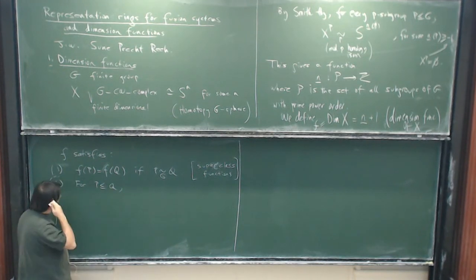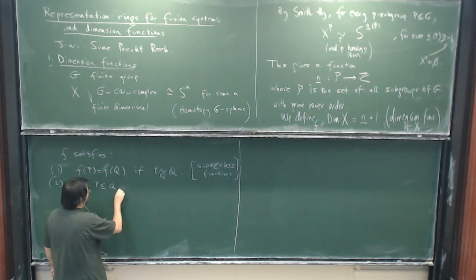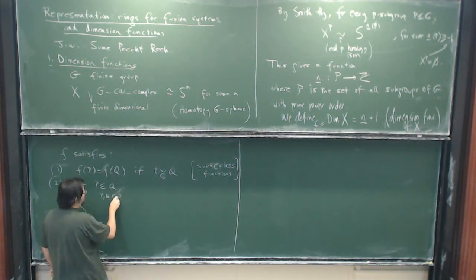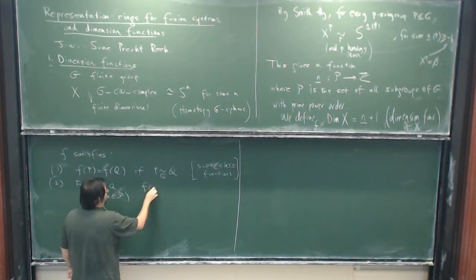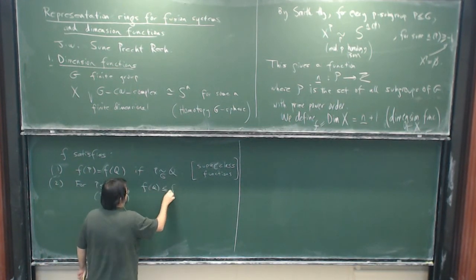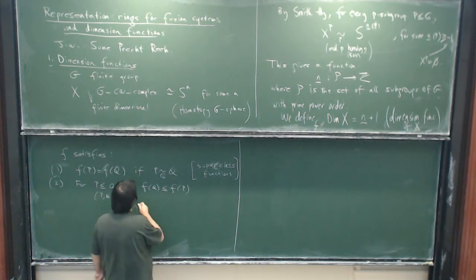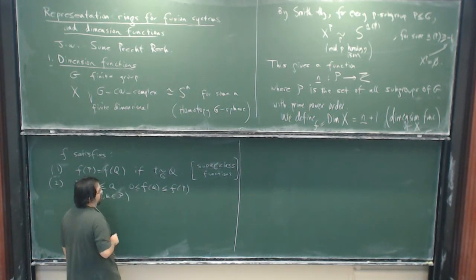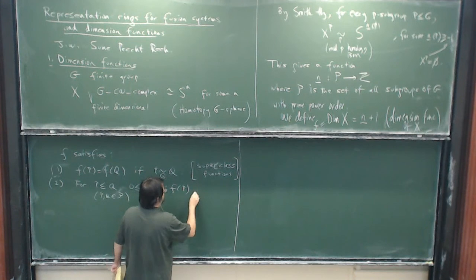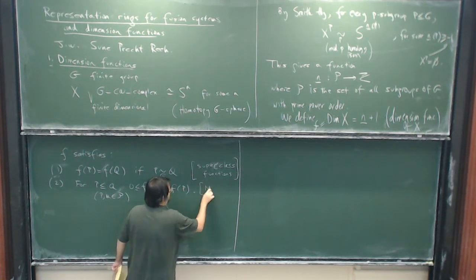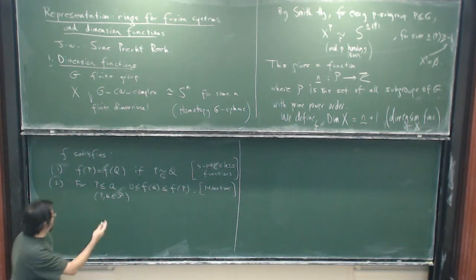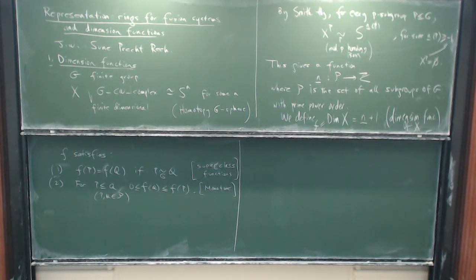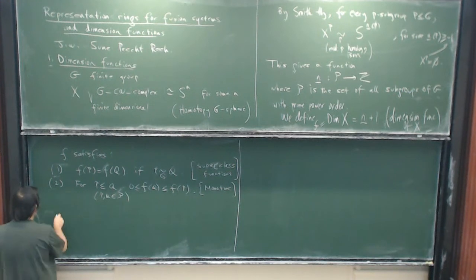Also, for Q contained in P, the Q-fixed points are bigger than the P-fixed points, so f of Q is at least f of P, and they're all bigger than 0. This is called monotone. Whenever you take a bigger subgroup, you have a smaller dimension.